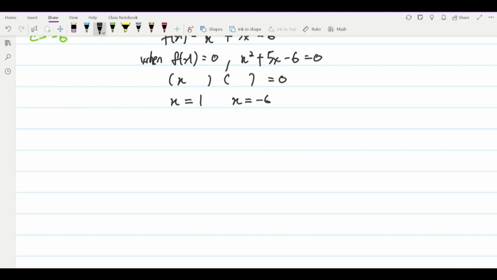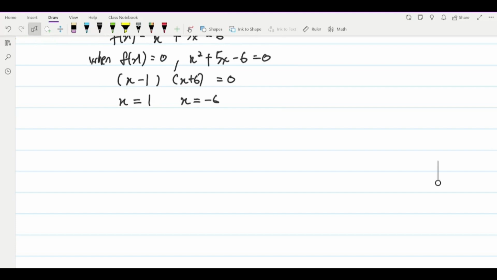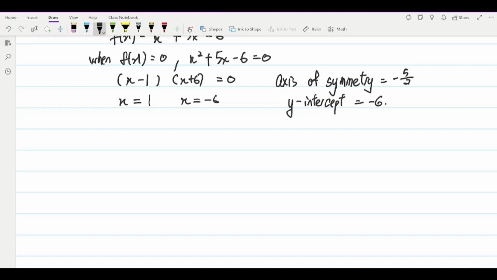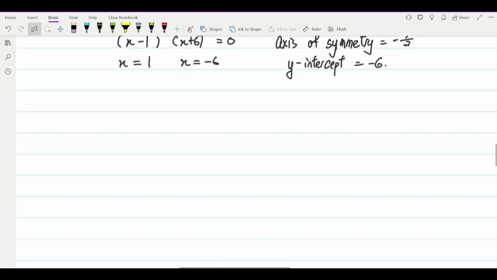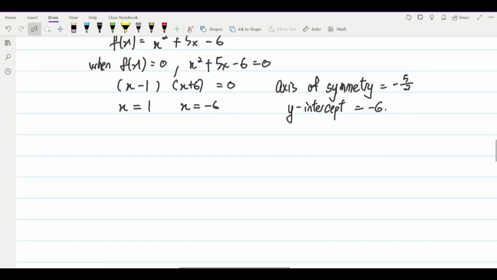So in the column we must insert x minus 1, x plus 6, and we find the axis of symmetry is equal to negative 5 over 2, and y-intercept is negative 6. So let's start to sketch the graph.